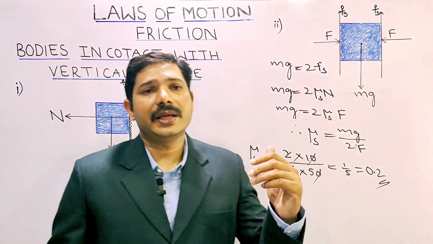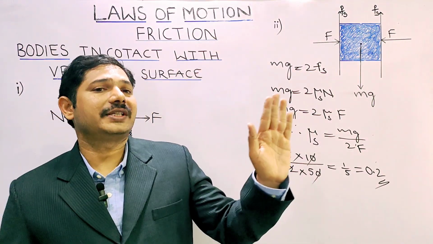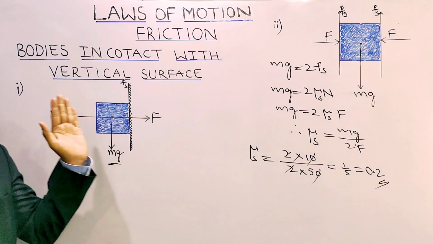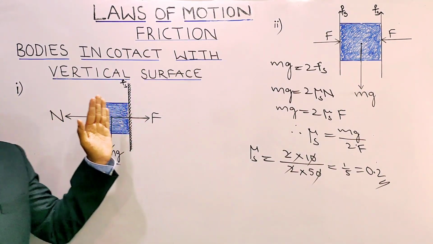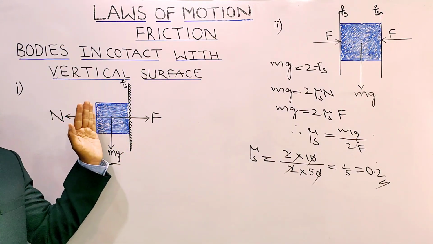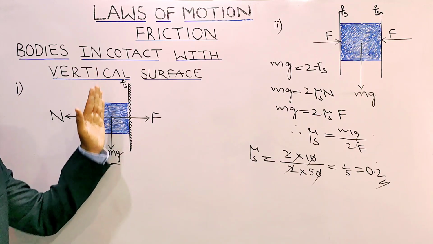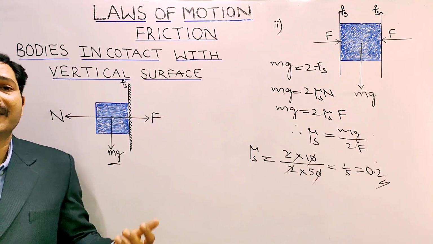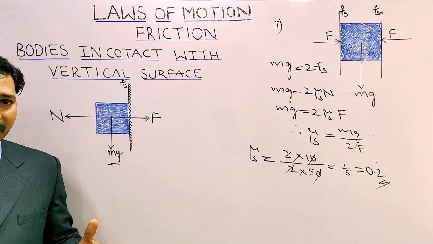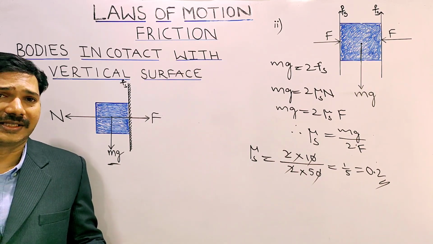But in this case, when the force is applied on a body, the weight of the body is also given, so to slide up or down, how much force is required they are asking.